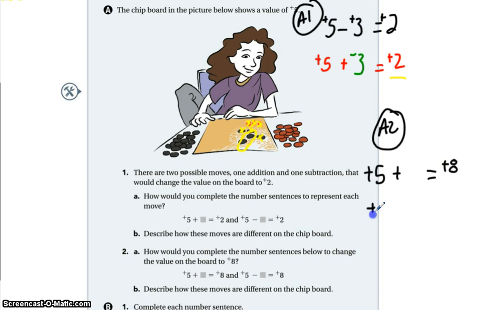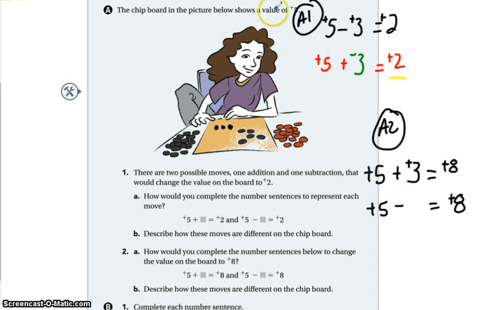And then positive 5 minus something would equal a positive 8. All right, so first things first, I'm going to think about my number line. And I'm going to erase my work here real quick. And since we're starting with a positive 5, I want to make my chipboard be valued at positive 8. So I'm going to add 3 black chips to it. So that would be an addition of a positive 3.